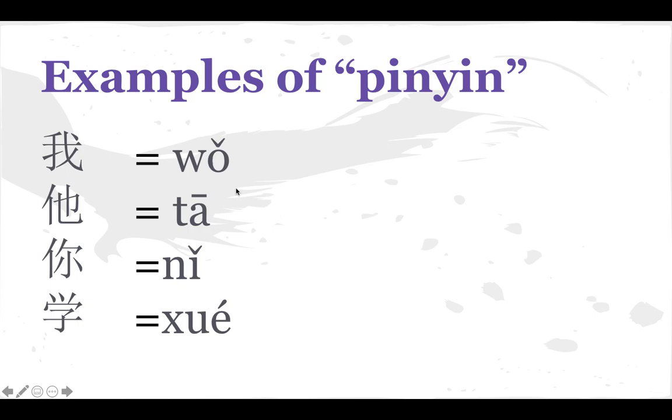For example, 我 means I. Last time we have a very simple sentence, for example, I am a teacher. 我是老师. Remember it? And also, he is a teacher or she is a teacher. So he, 他, is the second.